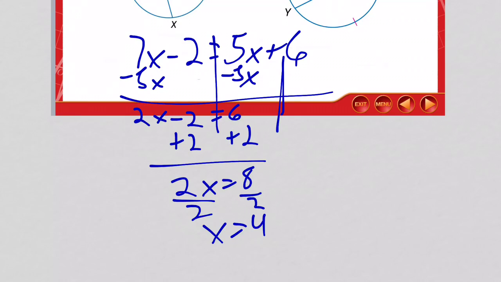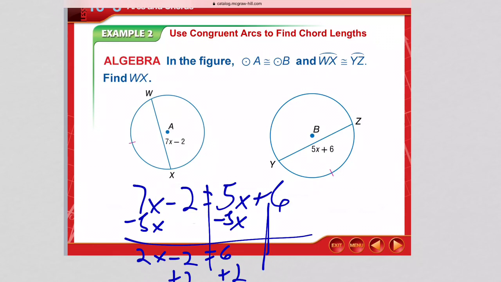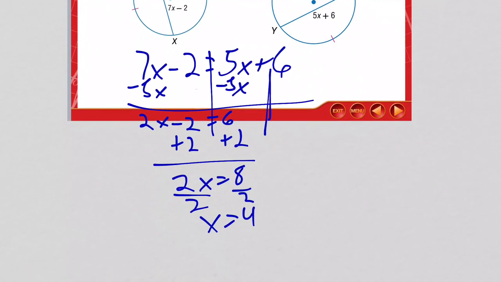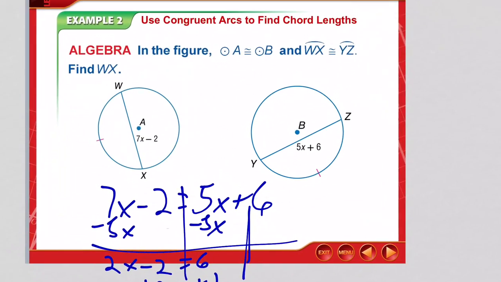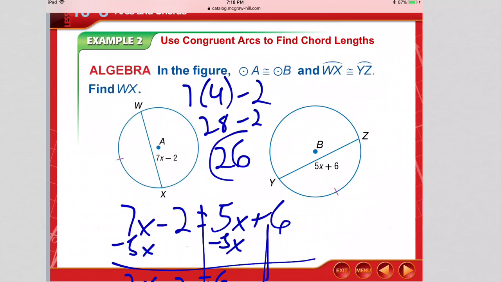Let's double check that it just wanted the measure for x. So up here it does say to find WX. So which means, since x is 4, we need to take that and plug it in. So it'll be 7 times 4 minus 2. So 7 times 4 is 28 minus 2, so that would be 26.